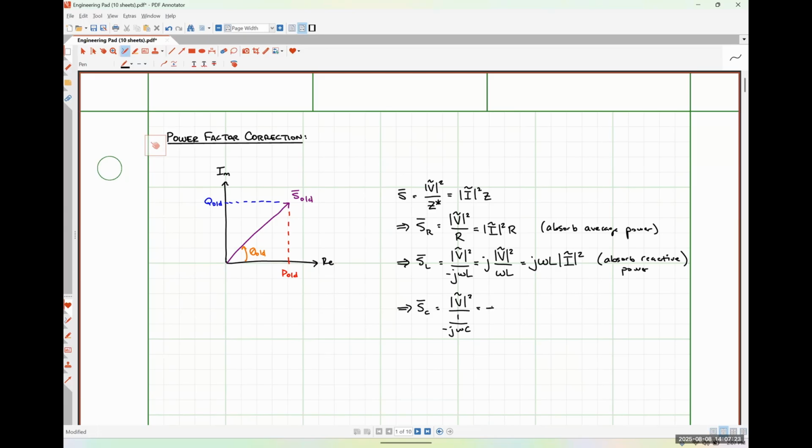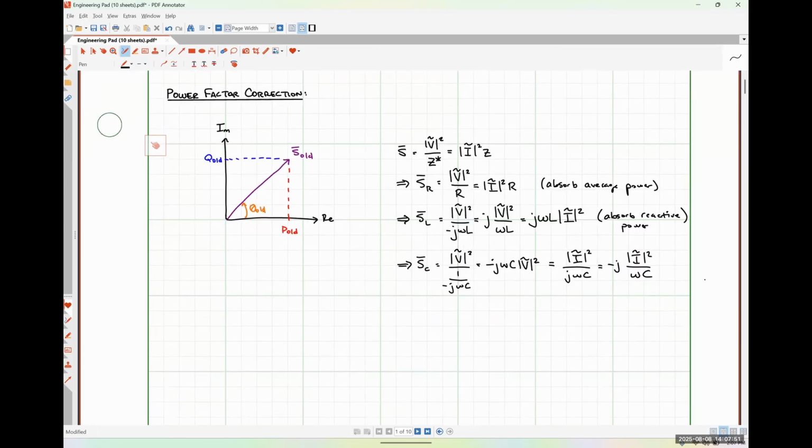So that's going to look like negative j omega c times the magnitude of our voltage squared. Or this could be written as the magnitude of the current squared over j omega c. And another way to express that would be negative j times the magnitude of the current squared over omega c.